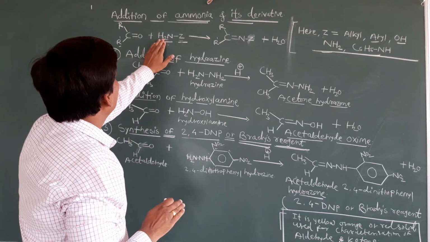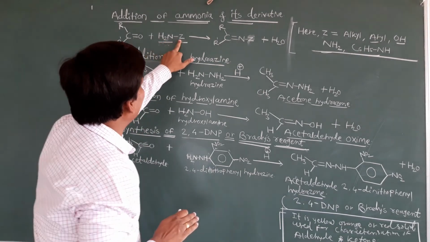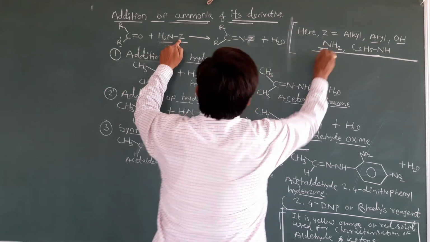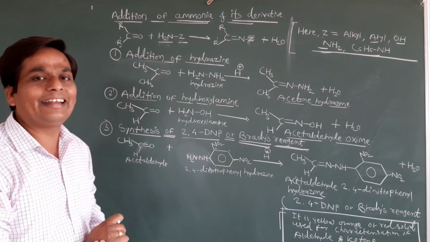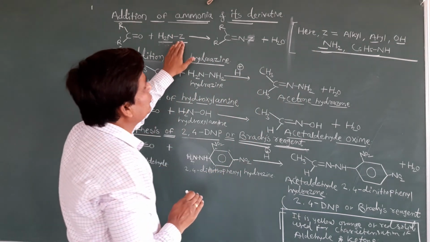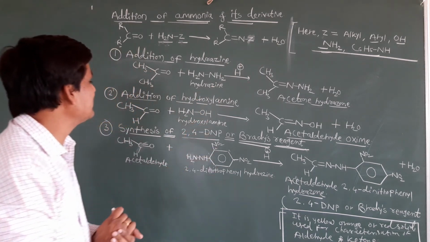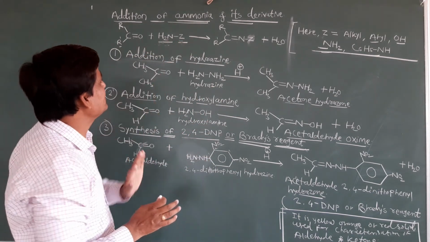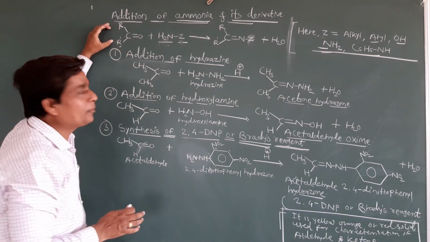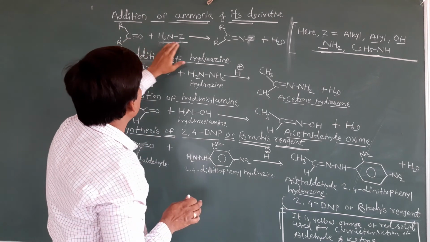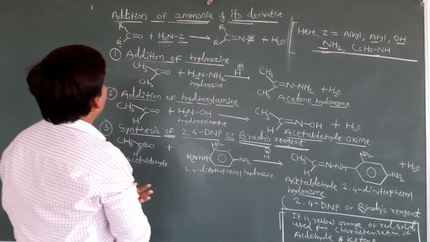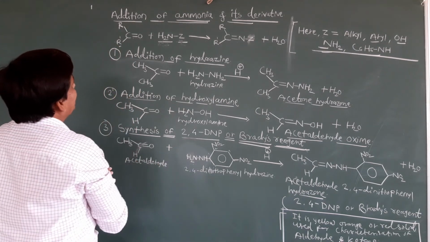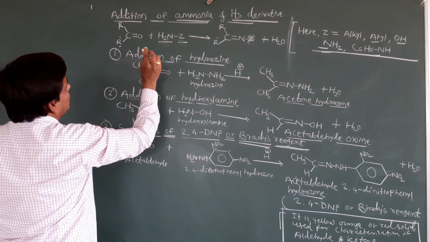If instead of this Z you take NH2, then we can say it is hydrazine. Instead of Z, if you take the OH group, then it is hydroxylamine. So here I am using one common term Z. This is the general example of a ketone reacting with NH2Z. Just see, students, in this addition reaction a water molecule will be removed.